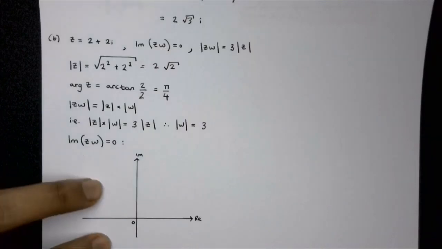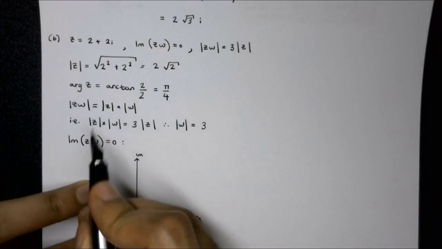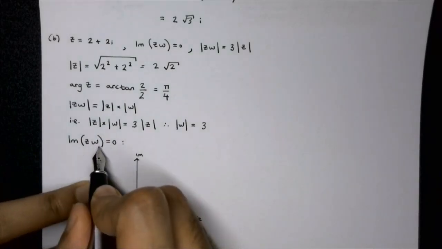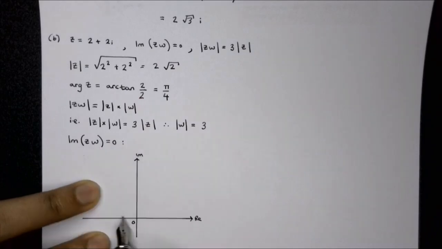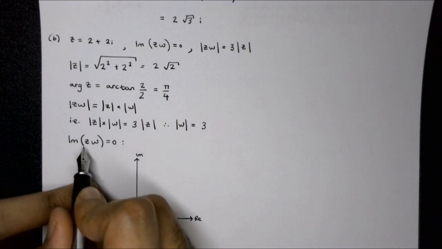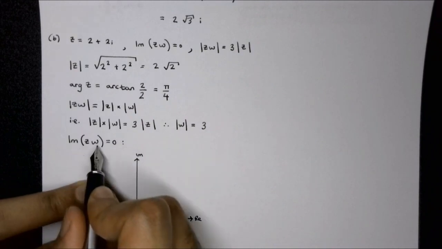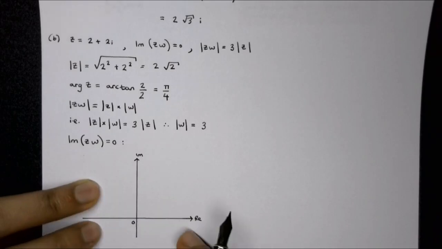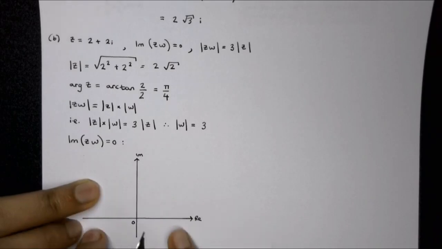If we have an Argand diagram as shown over here, if the imaginary part of ZW is equal to 0, that means the complex number ZW lies on the real axis over here.